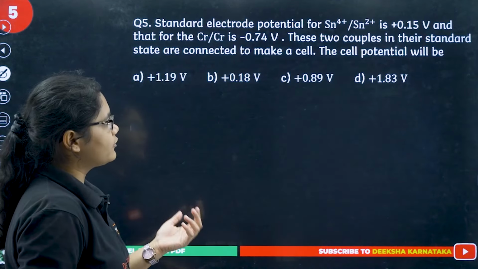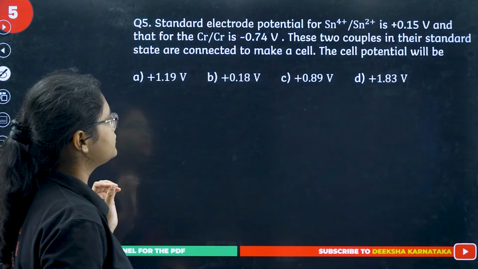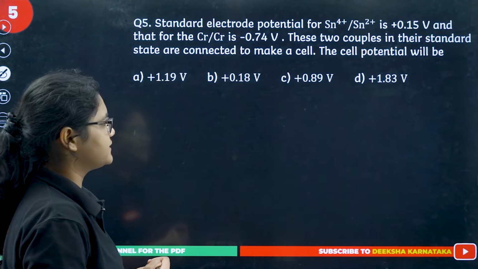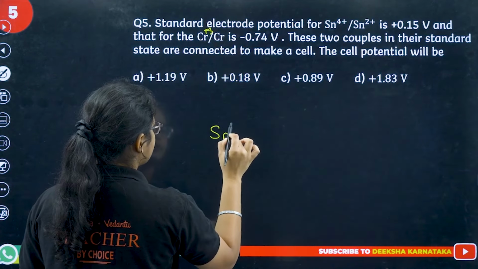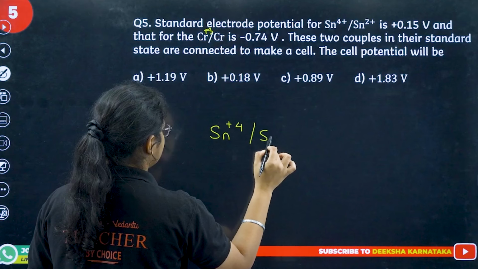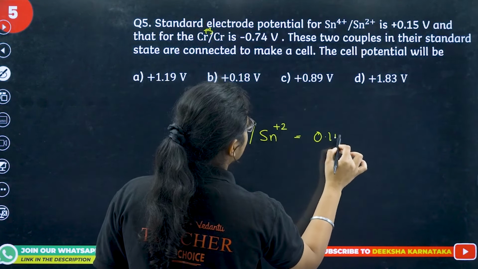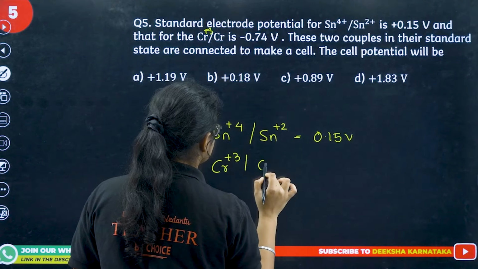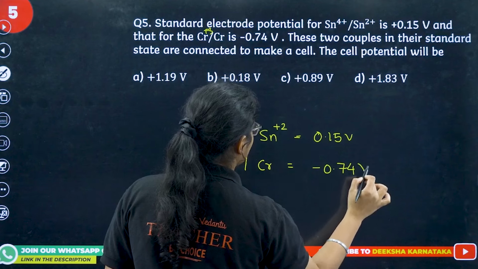Next, the standard electrode potential for Sn4+ and Cr is given. These two couples in a standard state are connected to make a cell. The cell potential is. So you see the reduction potential of Sn4+ to Sn2+ is 0.15 volt, and then you have Cr3+ to Cr. What is the value here? Minus 0.74 volt.